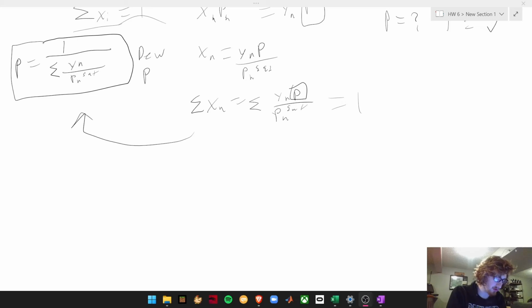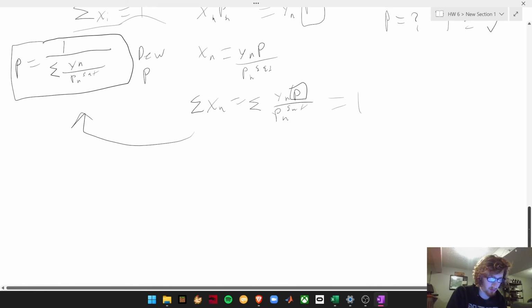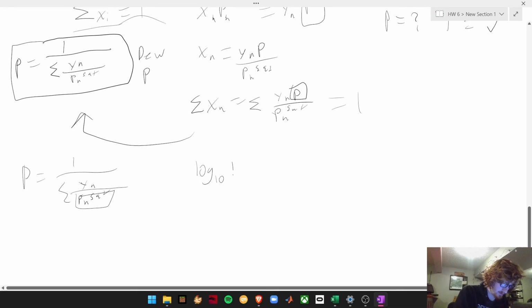So looking at the dew temperature, it's very similar to the bubble temperature. Looking at this equation right here, the pressure equals 1 over the sum of y_n over P_n saturation. And I didn't really mention this with the bubble temperature, but again, we're going to come up with a system of equations because this can be expressed with Antoine's equation.